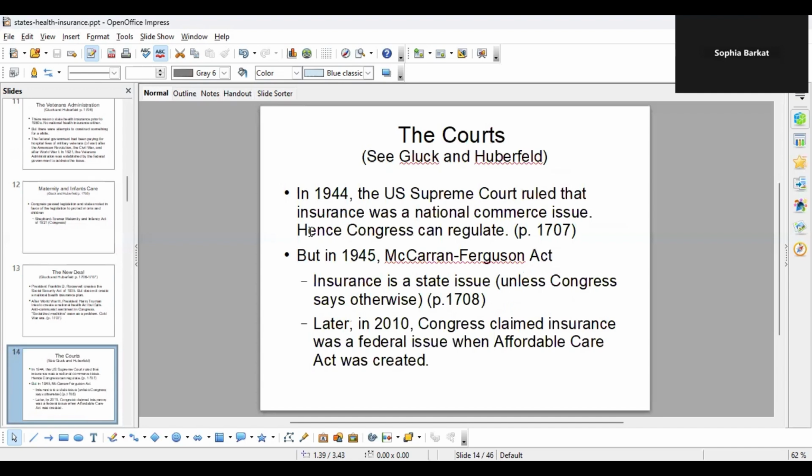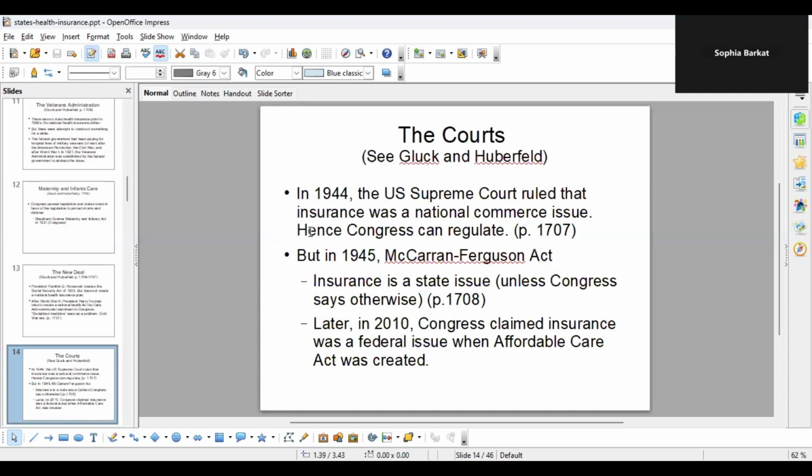The courts played some role in the development of the health insurance program. In 1944, the US Supreme Court ruled that insurance was a national commerce issue.